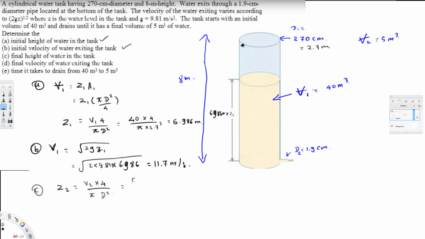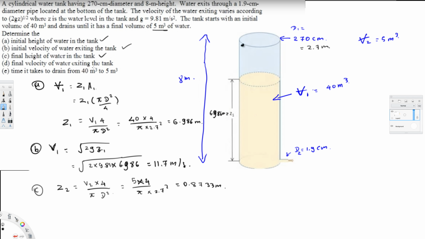V2 is 5, that's given right here. So V2 is 5 times 4 over pi times 2.7 squared. If you calculate this value, it comes out to be 0.8733 meter, and that is the answer for this question.